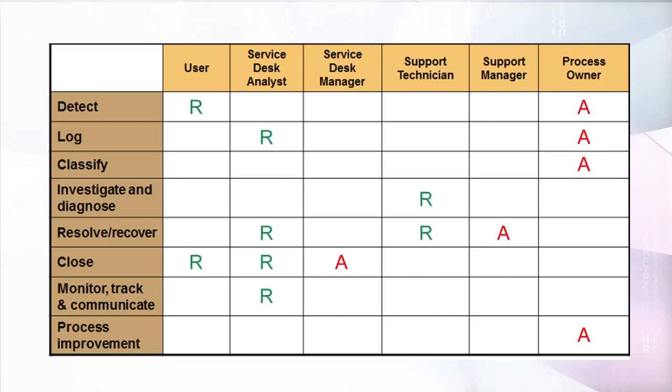Secondly, can you see how there is more than one person responsible for the same activity? In this case, resolve, recover. As you would expect, the user has been consulted regarding the incident and may have been contacted for further information regarding the incident. Finally, a number of parties need to be kept informed and may be receiving reports or updates without the need to respond.